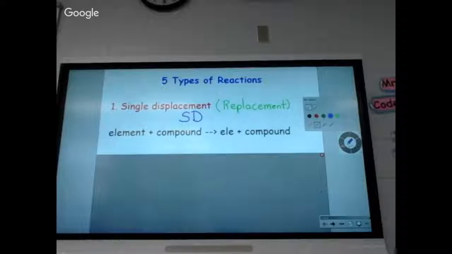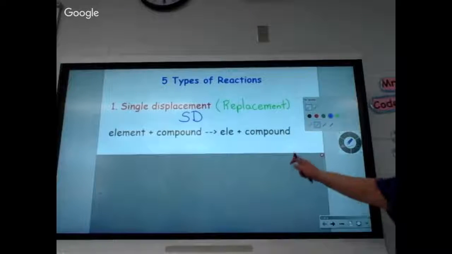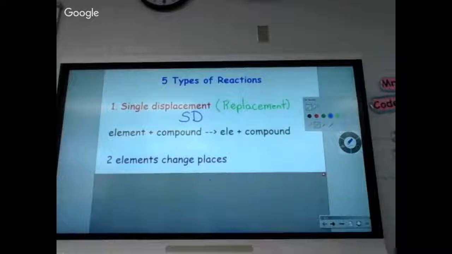So an element is going to react with a compound, and you're going to get an element plus a compound. Now, when these two things react, what happens? Essentially, two elements change places. The element switches places with one of the elements in the compound. That's what happens. Two things switch places.